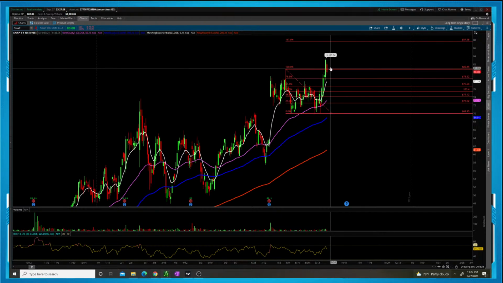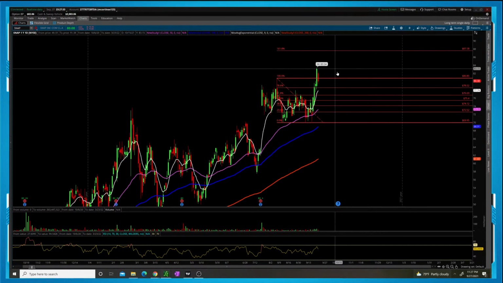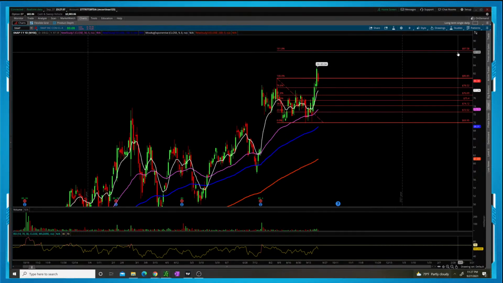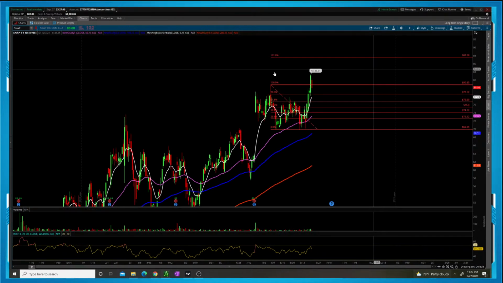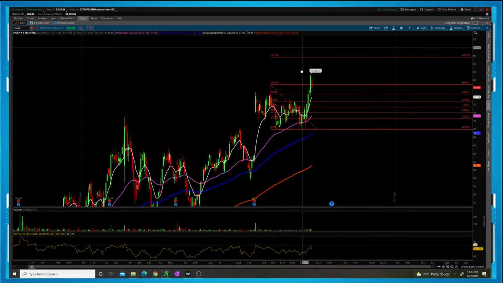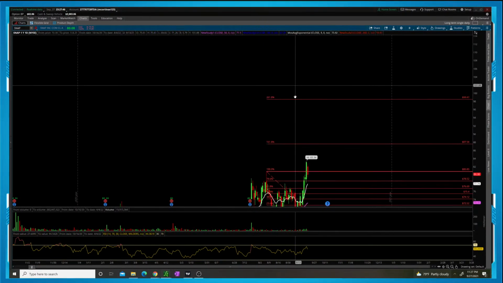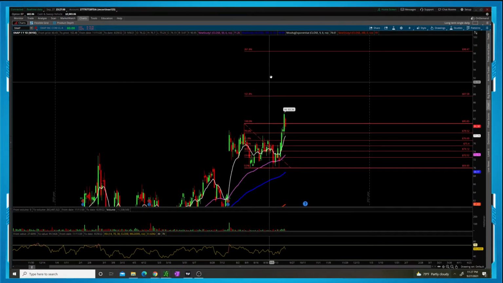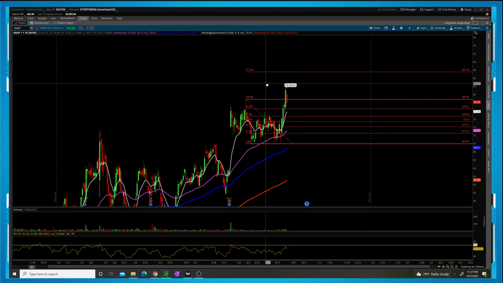But if we can break above and hold that as support, then I would look for this next Fibonacci level at 87.58. So you might be asking, well, why is it 161%? It actually goes further. There's different levels, 261, 423, and this is how traders get future targets.